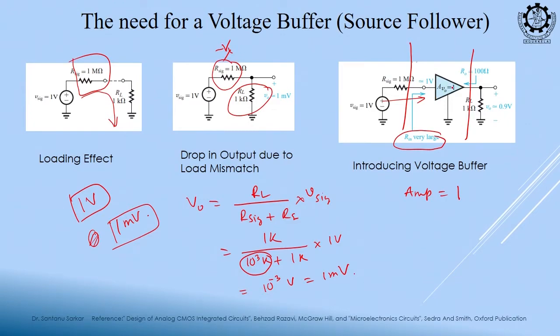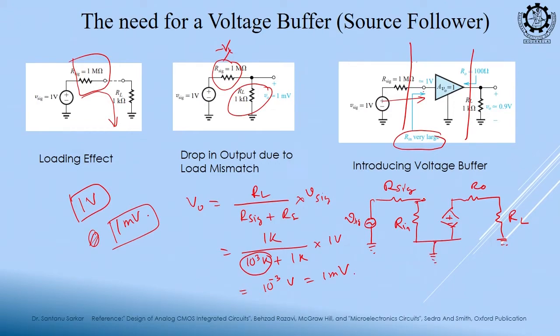Whatever the input voltage is, it will come to the output. So, it will become better, right. What we will do is replace this with A, and here we should have an infinite resistance or R in, and this is our R sig.